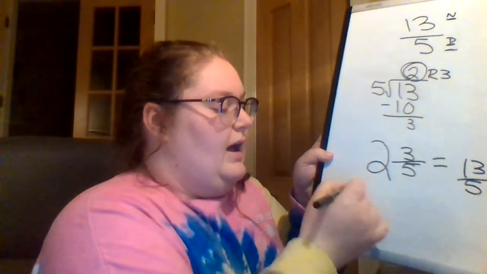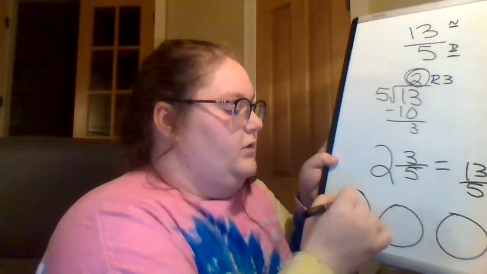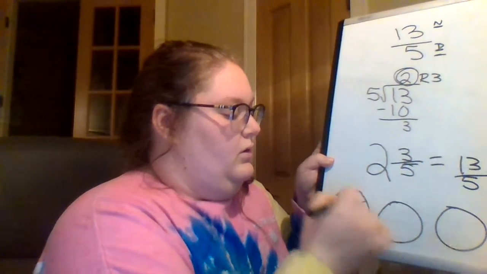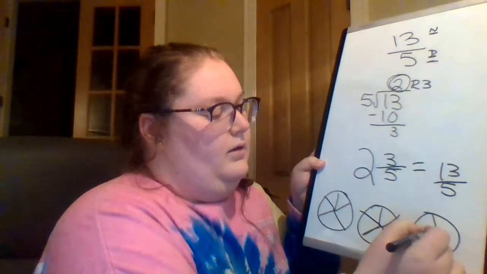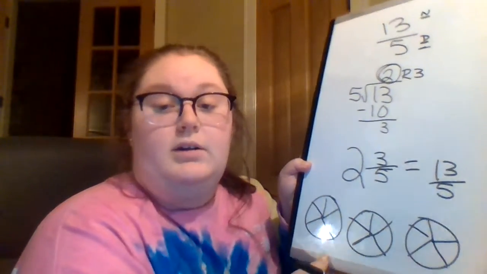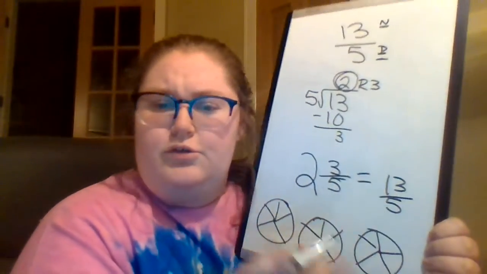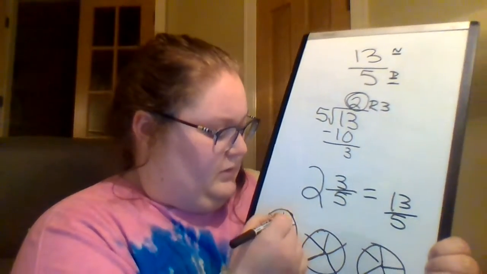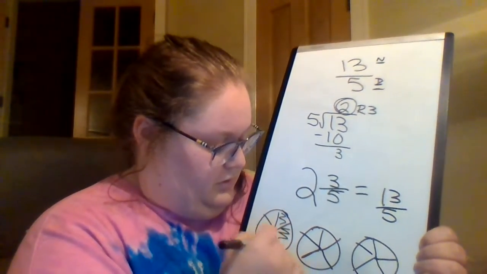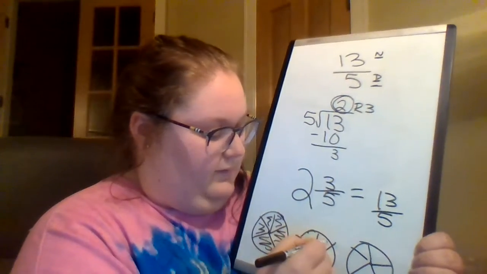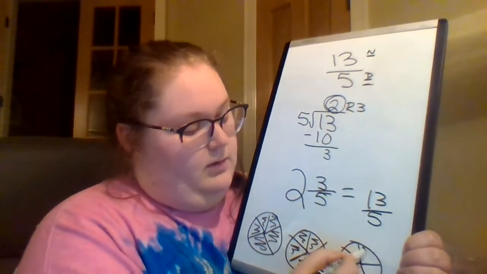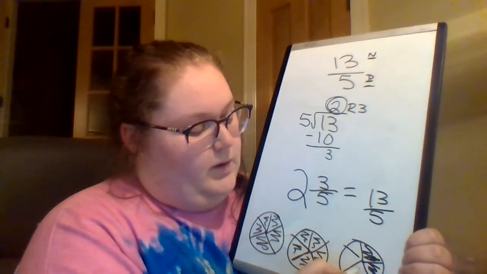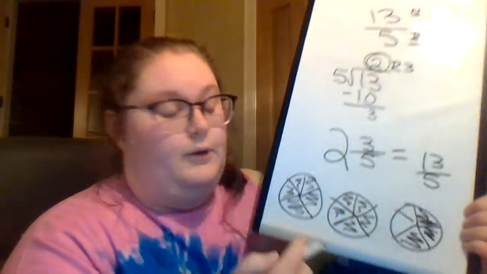So if I had my circles, they all had 5 equal parts. So let's shade in 13. 1, 2, 3, 4, 5, 6, 7, 8, 9, 10, 11, 12, 13.